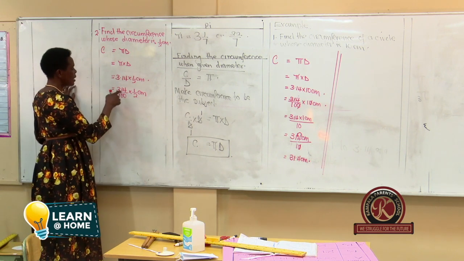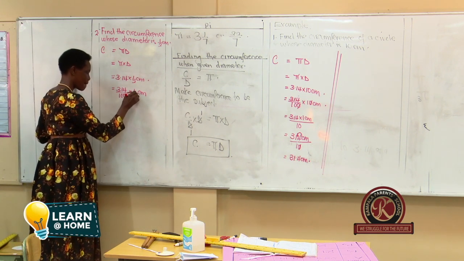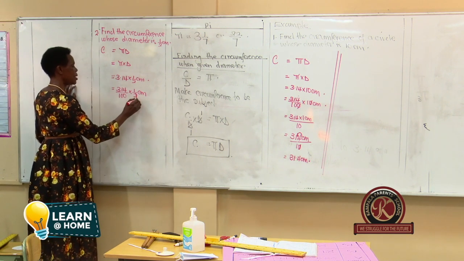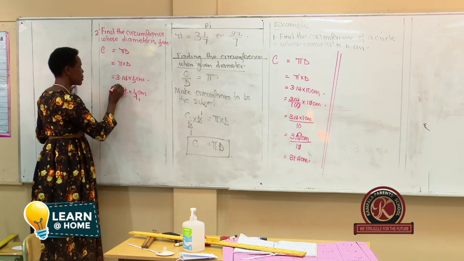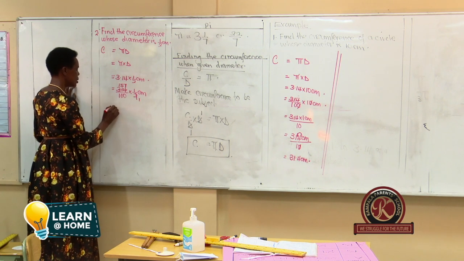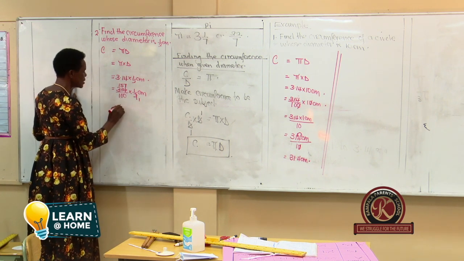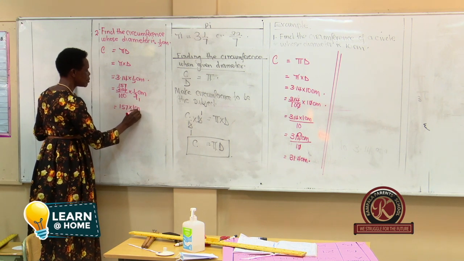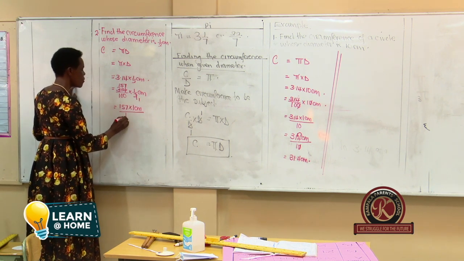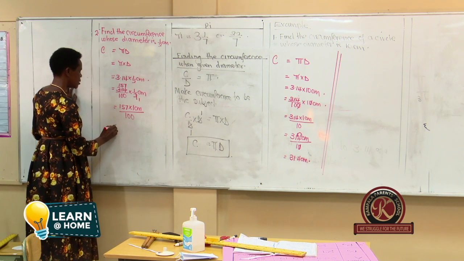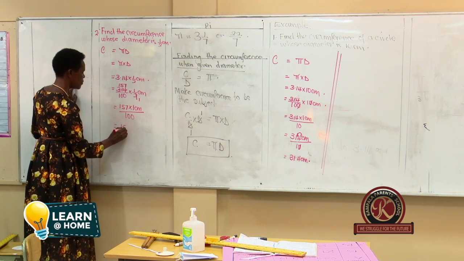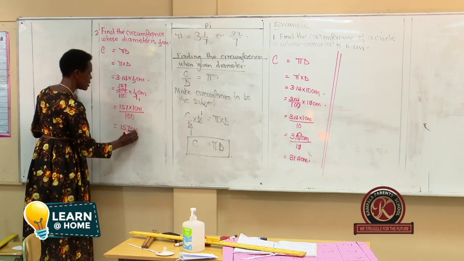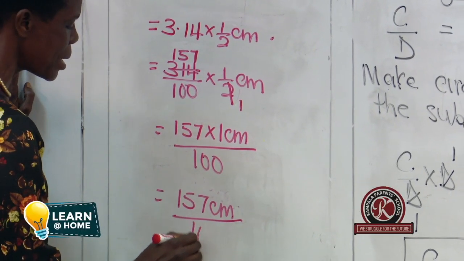Common factor is 2. 2 here, once by 2, we get 157. So 157 times 1 centimeter out of 100, which is giving us 157 centimeters out of 100.